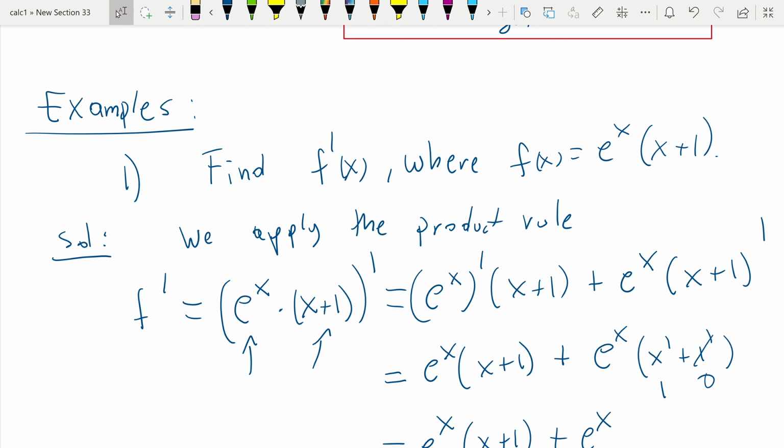Recognize that you need to apply the product rule and apply it correctly. Again, avoid mistakes such as writing that the derivative of f times g is the derivative of f times the derivative of g. That's completely incorrect. So just avoid that, and you should have no problems.